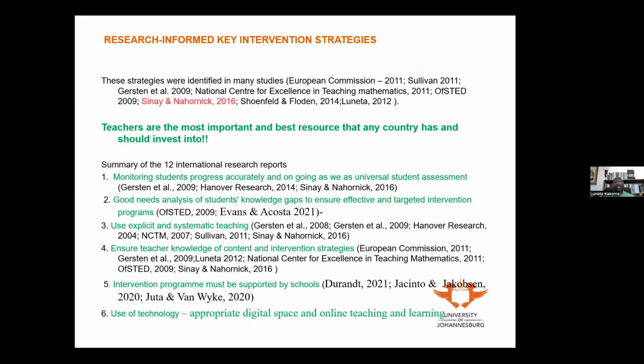And these indicated that student monitoring progress was critical. Good needs analysis of students' knowledge gaps was critical. Use of explicit systematic teaching was critical. Assurance of teacher knowledge and content knowledge was critical, and intervention strategies supported by schools was critical, and also use of technology.